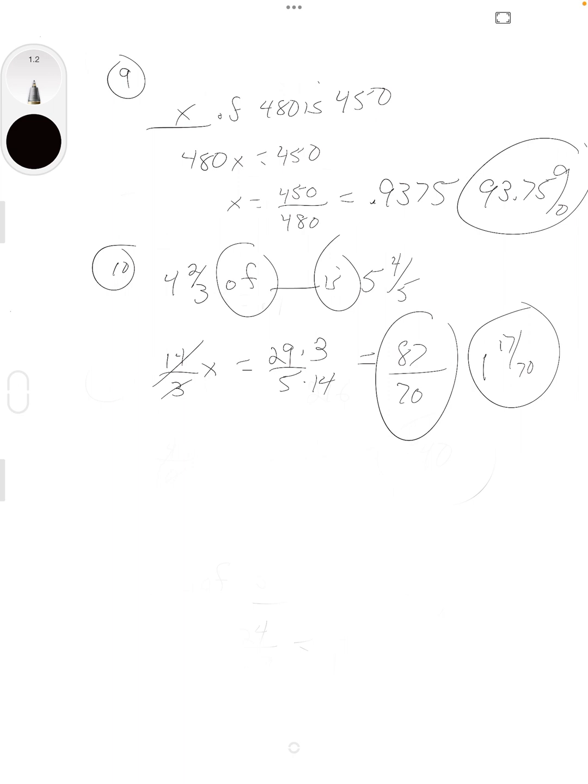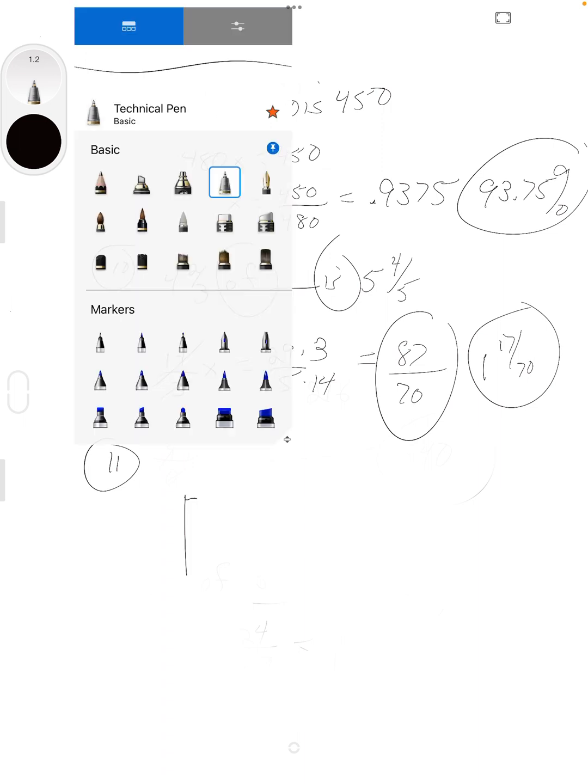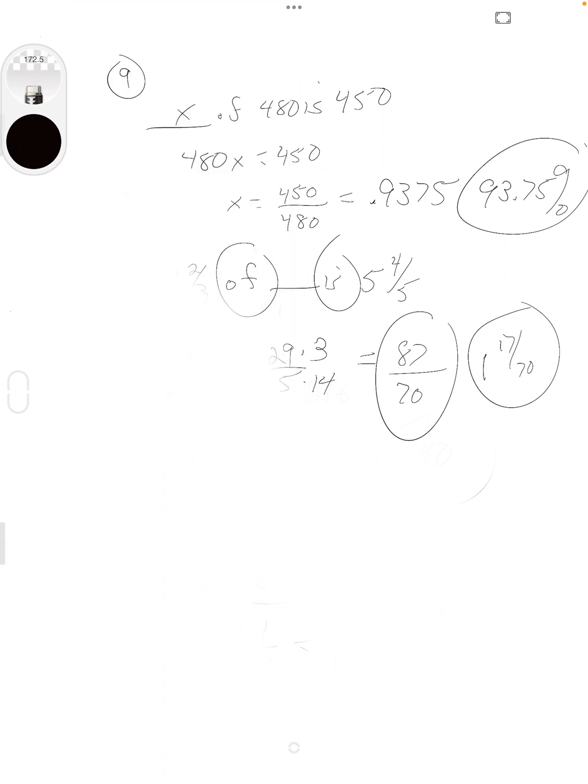But this is fine. Number 11. I'm going to get a new page for number 11, because this one might take a little bit of drawing.